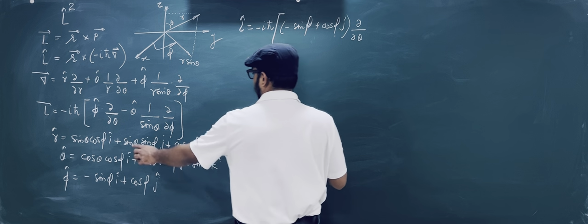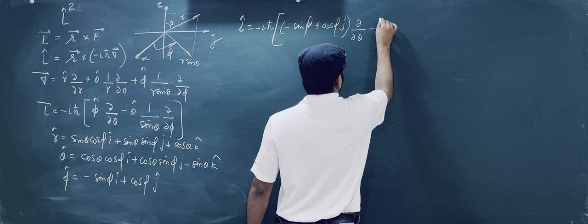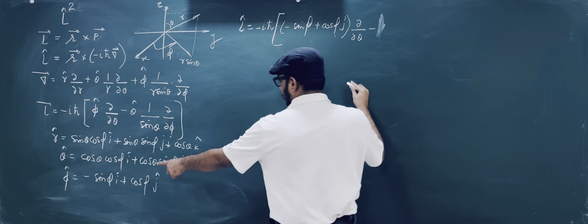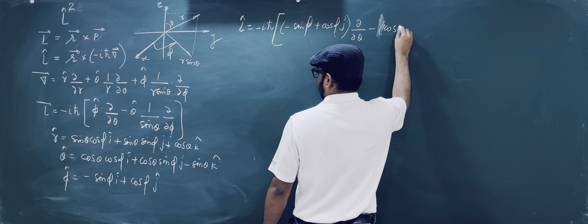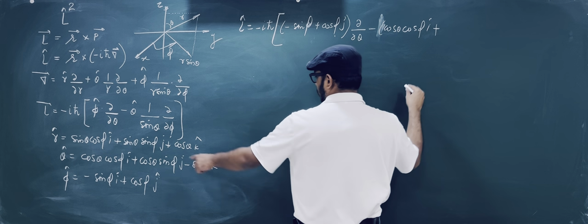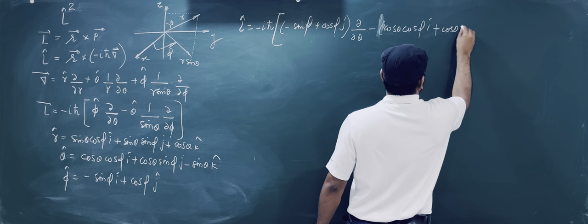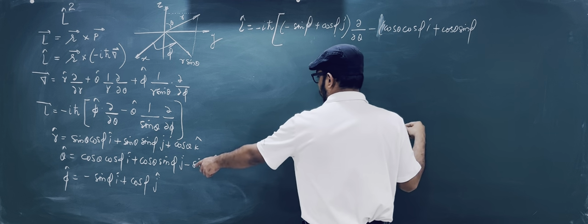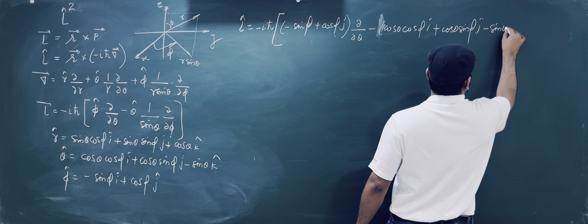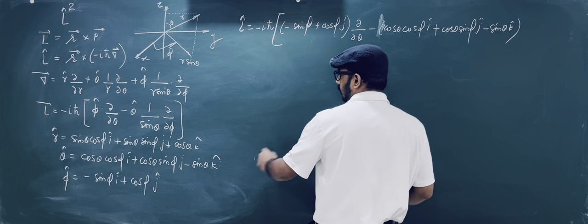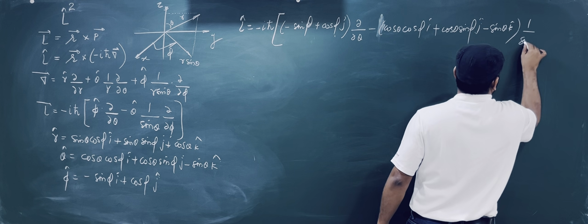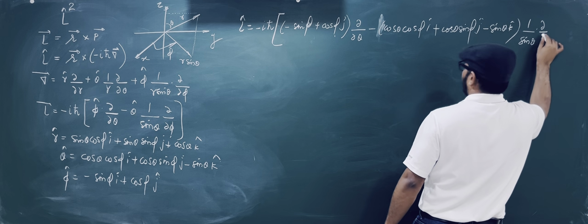Now it's minus theta cap, so we plug in the value of theta cap, which is cos theta cos phi i cap plus cos theta sin phi j cap minus sin theta k cap, with the term (1/sin theta) ∂/∂phi.